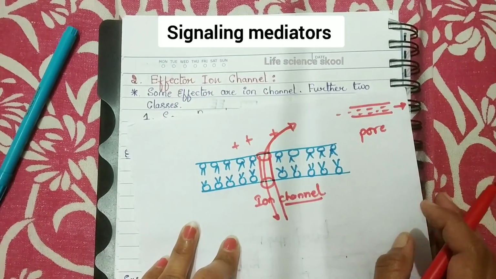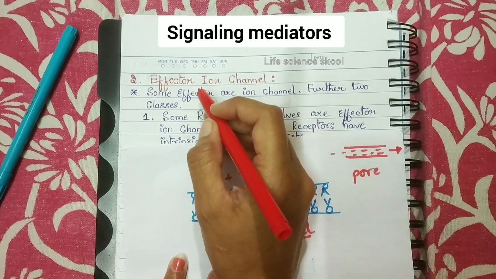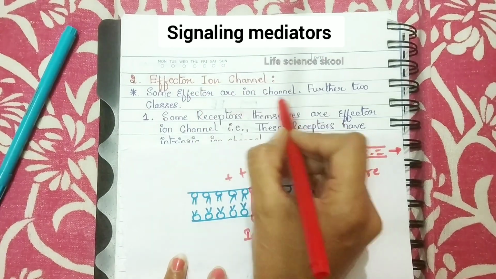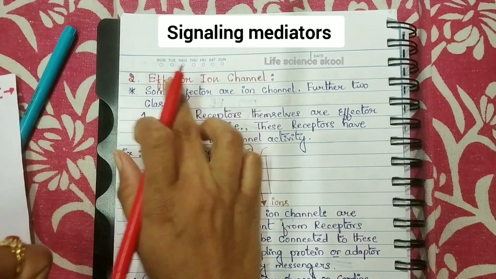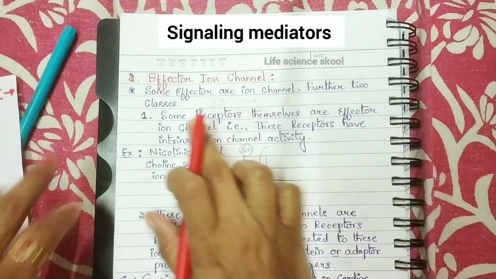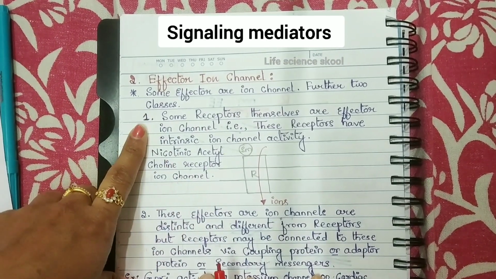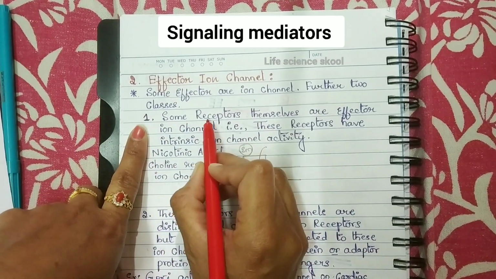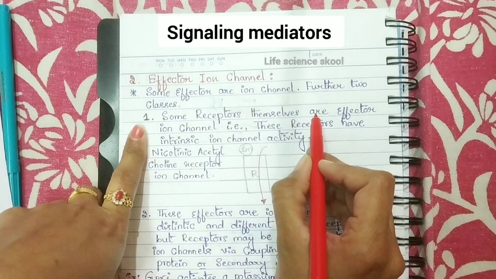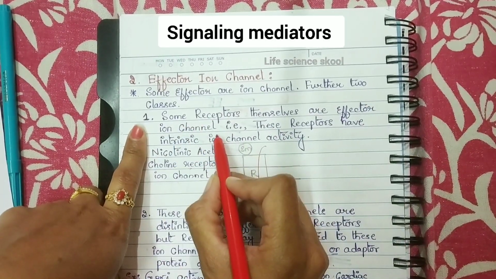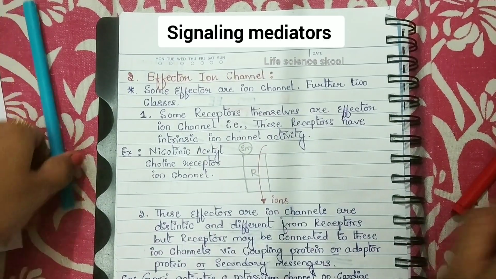Here we are studying the signaling mediators. Some effectors are ion channels, and these effector ion channels are further classified into two classes. We will study the first one now. Some receptors themselves are effector ion channels. You can see in the diagram here.